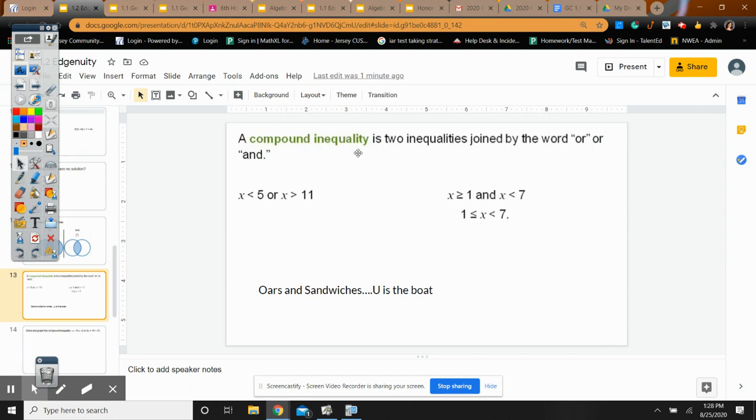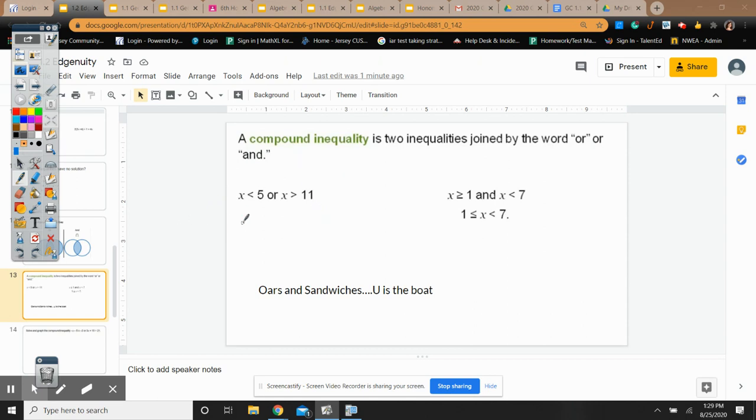So a compound inequality is two inequalities, and you have either or and. So for x to be less than 5 or x bigger than 11, they both can't be true at the same time. You can't have a number less than 5 and bigger than 11. That's really difficult.